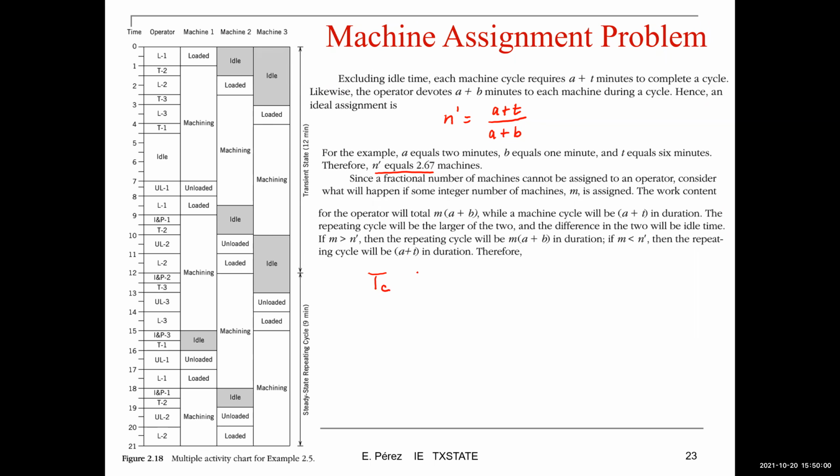So Tc, which equals the repeating cycle, will be equal to the following. It will be equal to A plus T for M less than or equal to N prime, and it's going to be equal to M times (A plus B) for M greater than N prime.